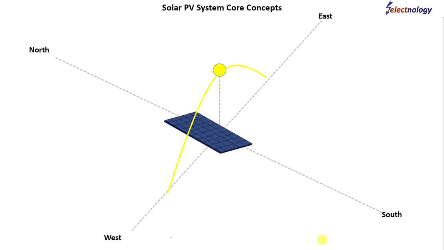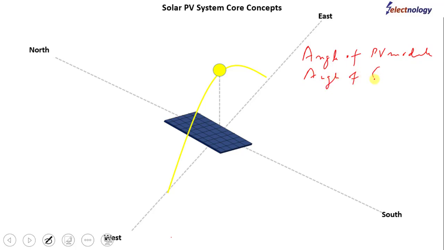This means the angle of the PV module and the angle of the sun with respect to each other are very important for how much energy the solar panel shall produce. So in the case where the sunlight is falling on the PV module perpendicular to it, it shall be producing maximum power according to its capacity.